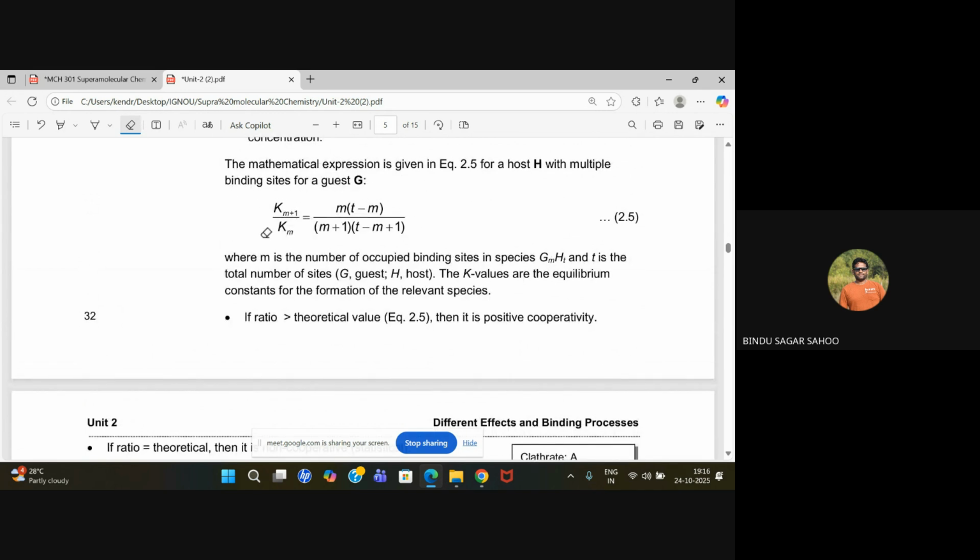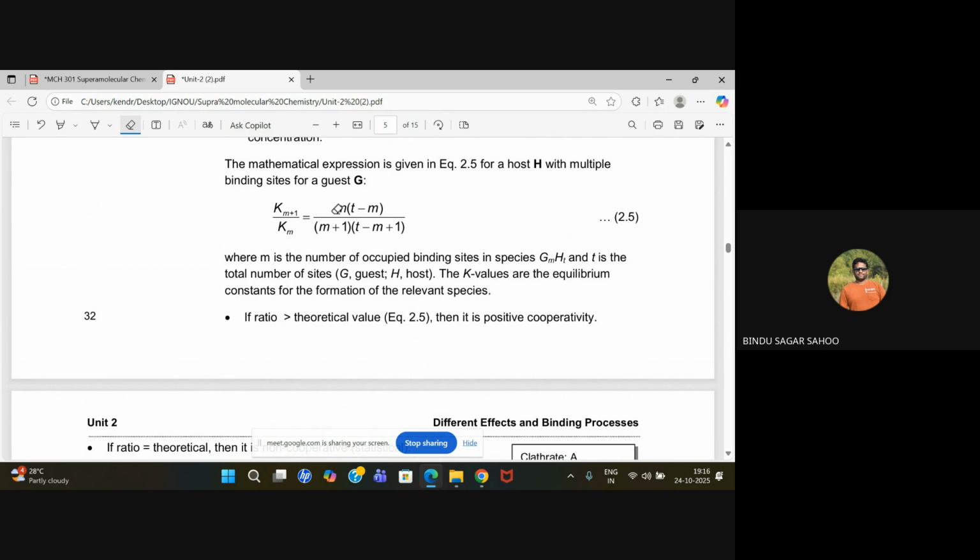So from this mathematical expression, we can calculate whether this guest-host interaction is a positive cooperative effect, a negative one, or an anti-cooperative effect. You just need to calculate these values. M means the number of occupied binding sites by the guest molecule, and T is the total number of active sites provided by the host molecule.